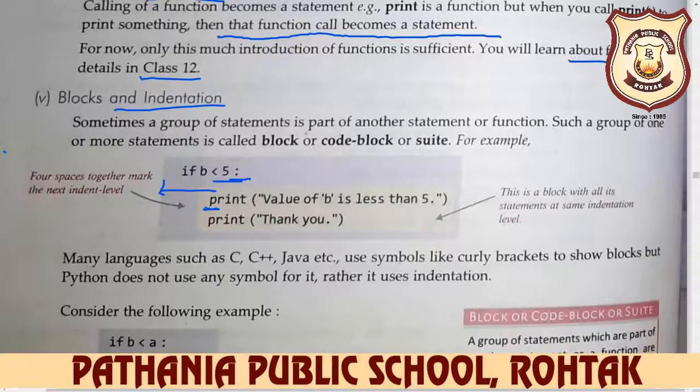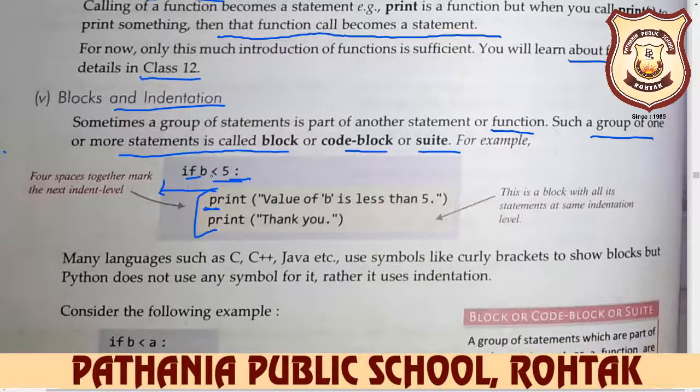Sometimes a group of statements is a part of another statement or function. Such a group of one or more statements is called a block, or code block, or suite. For example, if we write b less than 5, print value of b is less than 5, these both statements are part of this. This is the block of this b less than 5.